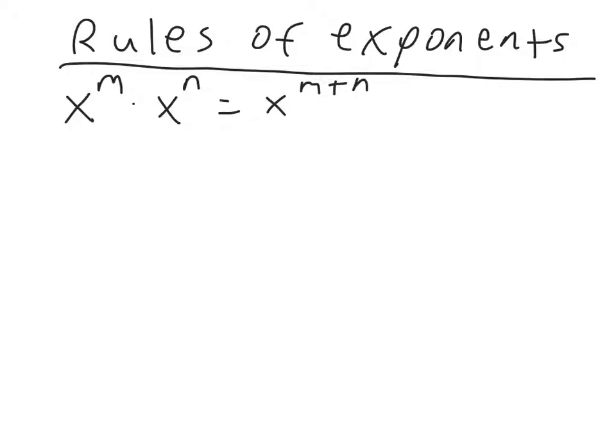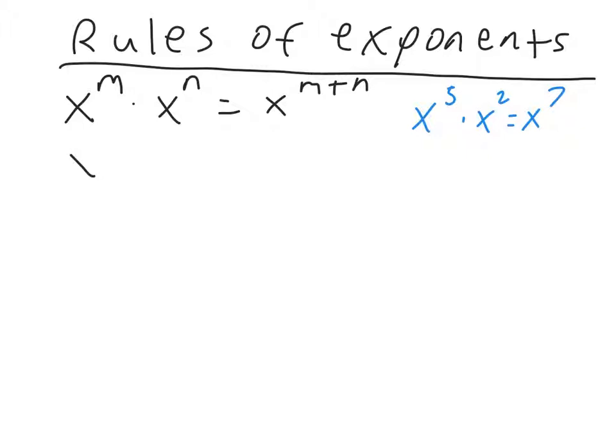An example of that would be x to the 5 times x squared would give you x to the 5 plus 2, which is 7. Make sense? Now let's look at dividing.